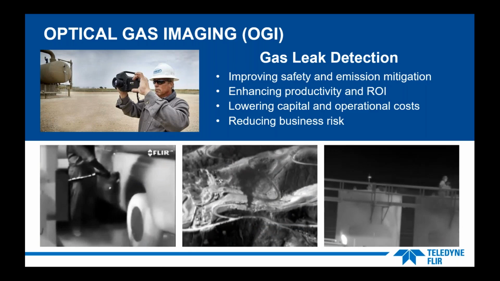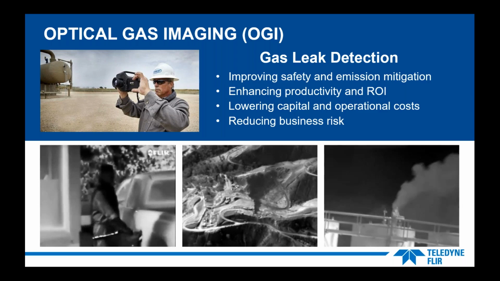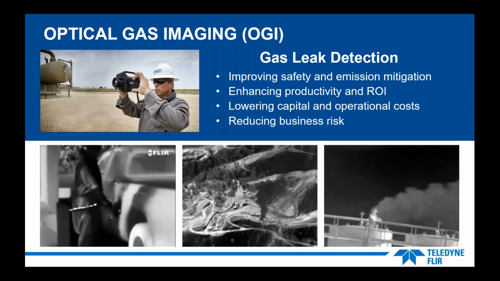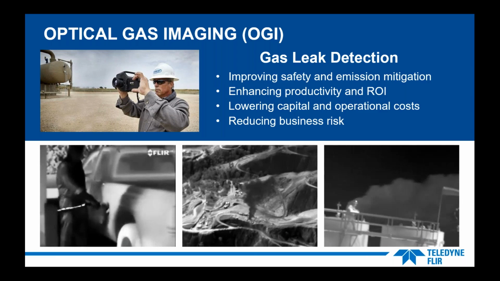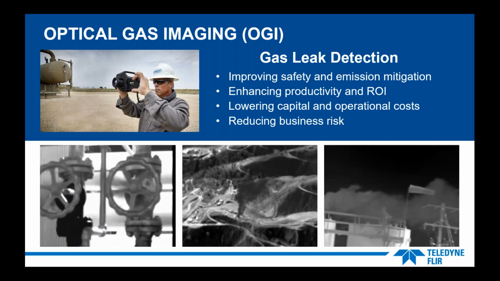So optical gas imaging, and FLIR optical gas imaging, has been around for a number of years now, and it's used in many industries, but fundamentally the oil and gas industry for methane mitigation and finding hydrocarbon leaks.